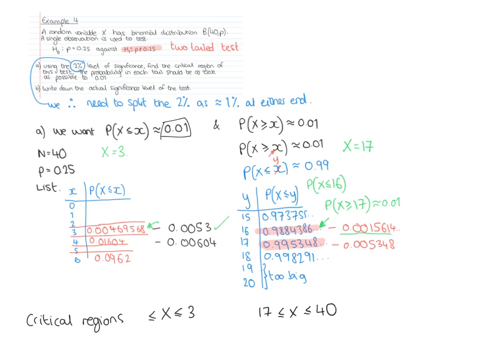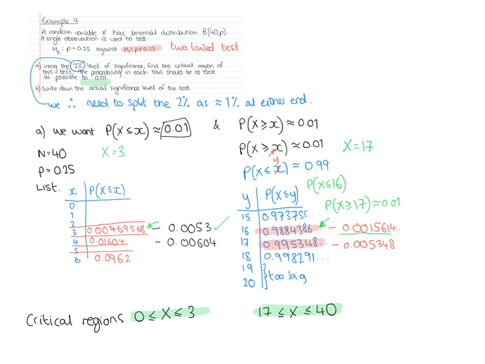We could put a 0 on here, either is fine. Okay, so those are our critical regions. Any values within those regions would lead us to reject our null hypothesis. And note, how we established each one was just the closest value to 0.01. In this case it was the closest value to 0.01.